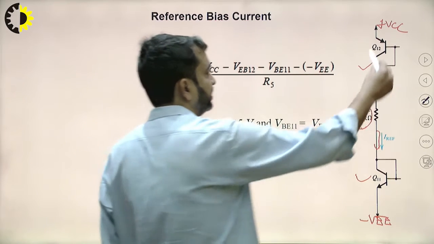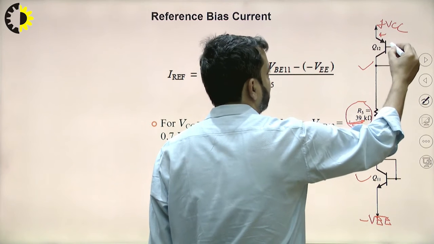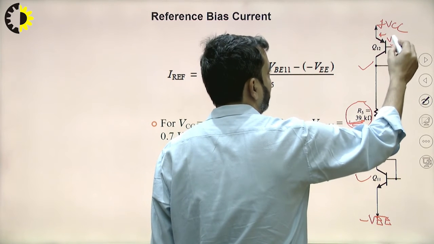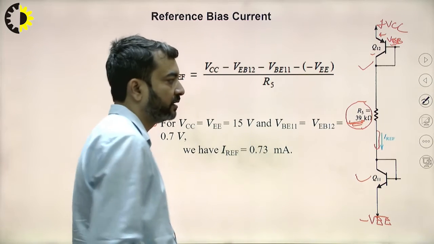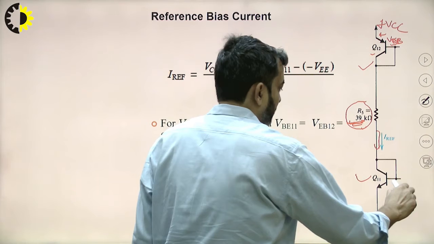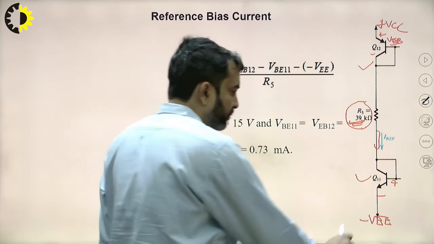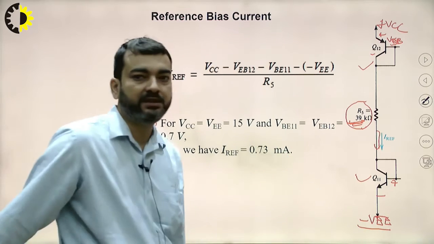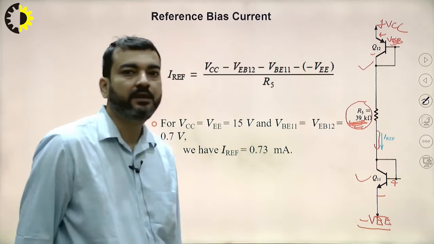So it is VCC minus the emitter base voltage of transistor Q12, minus the base emitter voltage of transistor Q11, then minus of minus VEE, divided by the resistance of value 39K.